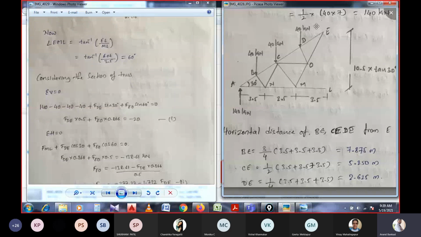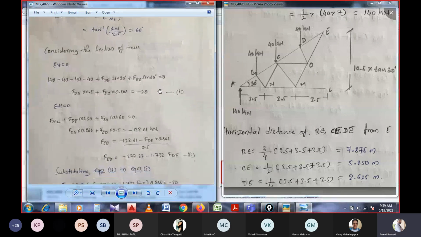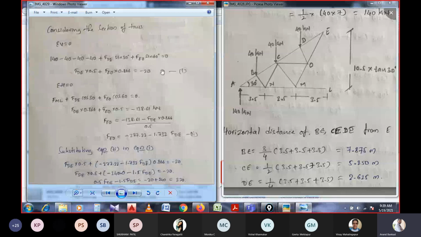after knowing the force by referring to the moment, now we need to consider the section, that is the left hand side in the truss, with all the forces having vertical direction and all the forces having horizontal direction, because to calculate the further forces in the members we need to have this consideration.